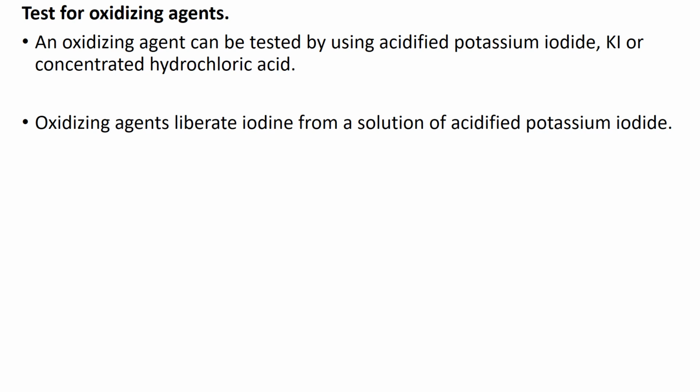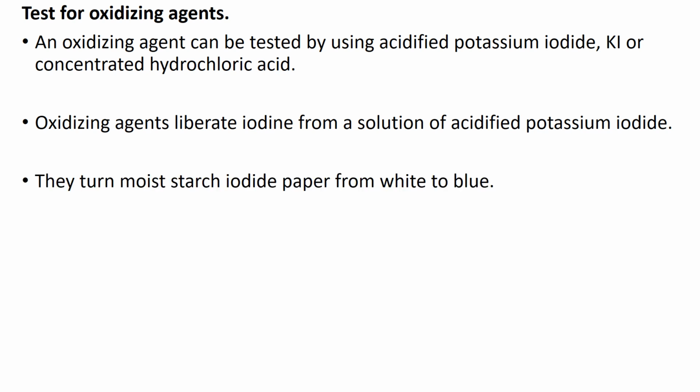So you react potassium iodide with any substance you want to check, and if it gives out iodine, then it's an oxidizing agent. They also turn moist starch iodide paper from white to blue. So you get a moist starch iodide paper, you react it with a suspected oxidizing agent, and it will change from white to blue.